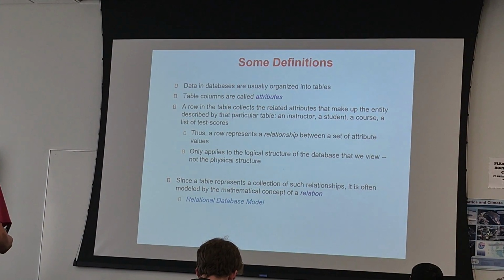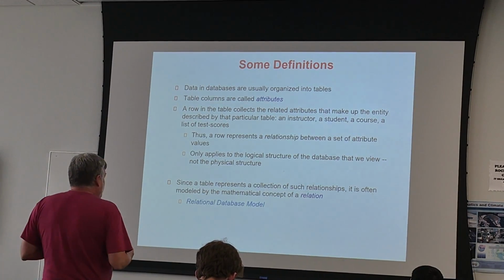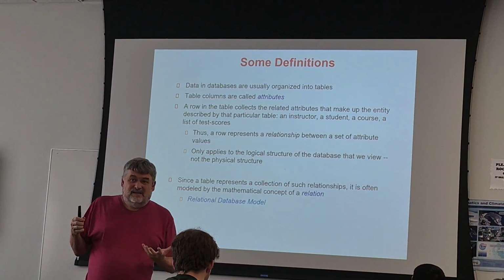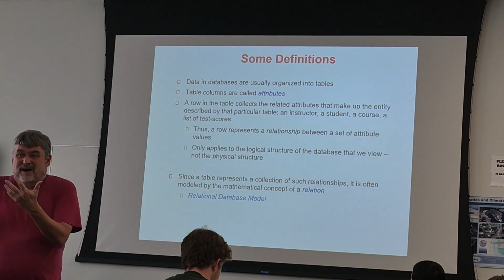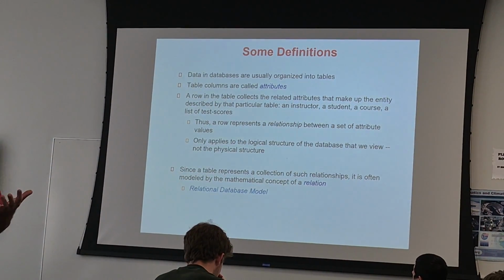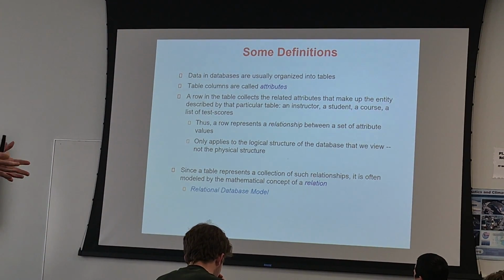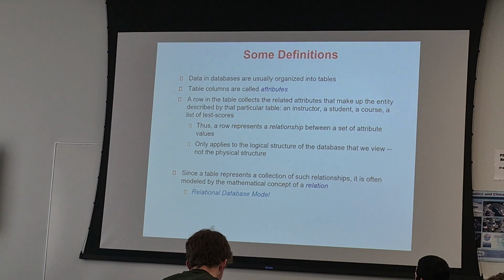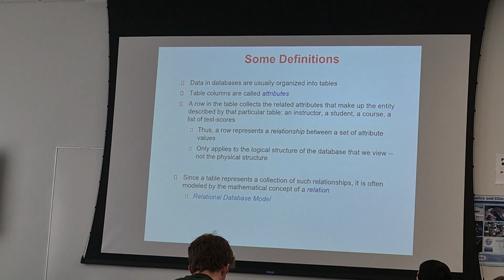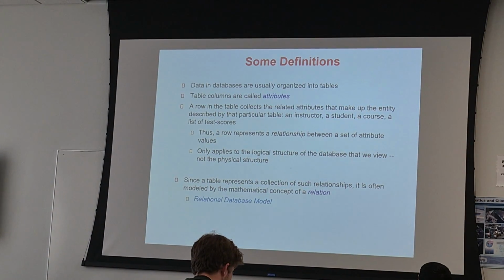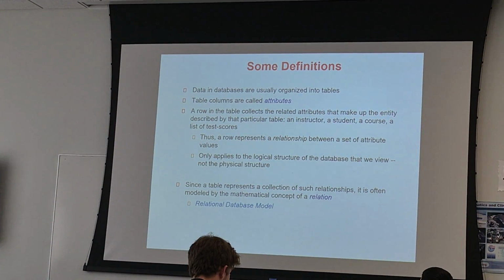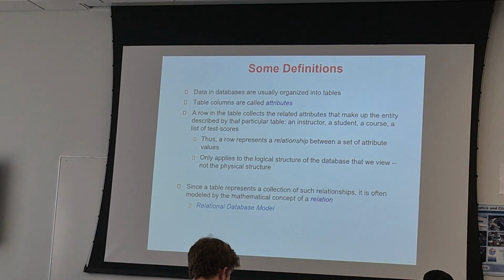Since a table represents a collection of these relationships, when we talk about this idea to the mathematicians who want to build mathematical models for us that will help us do our operations quickly, efficiently in the database, when we start programming a new database application, the idea that already existed in math of a relation is something that they adopted, and so that idea came from mathematics based on our idea of relationships back into the universe of databases.